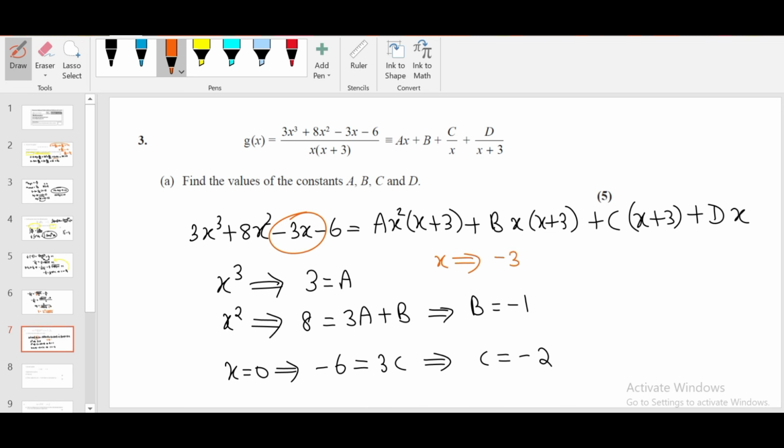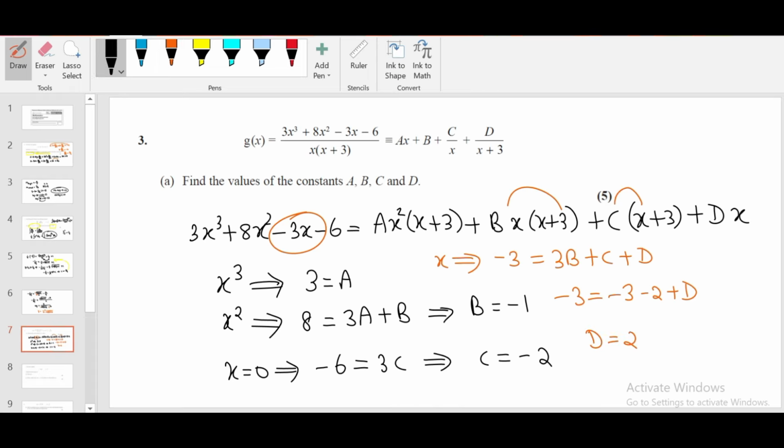minus 3 is equal to, you will get 3bx, so 3b, cx, so c, dx, so d. Substitute the values of b and c there. So you will get minus 3 is equal to, b is minus 1, c is minus 2, which is minus 5. Goes to the other side, d is equal to 2.